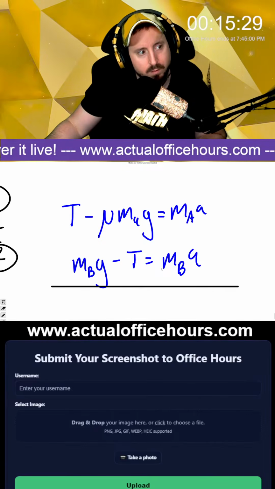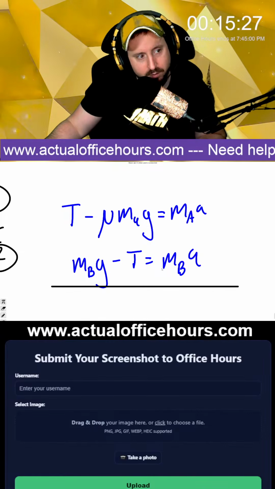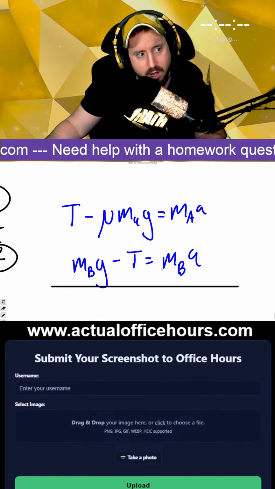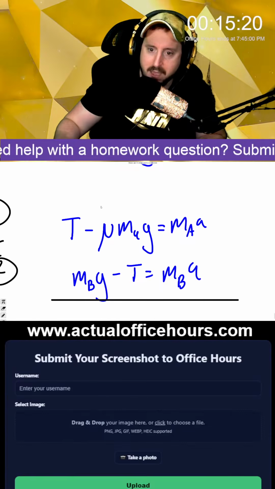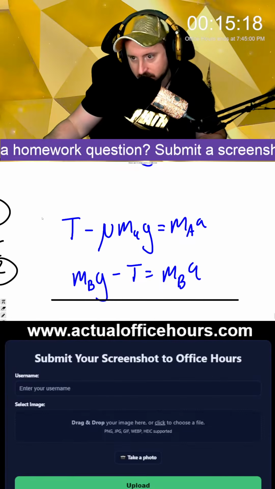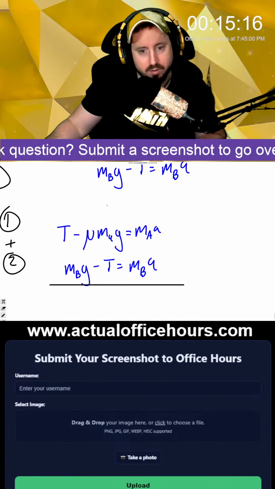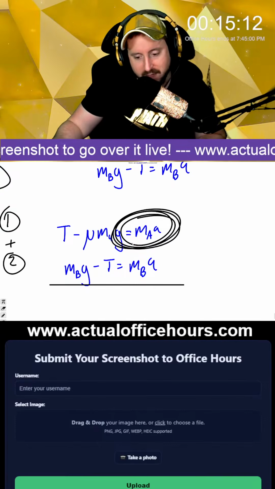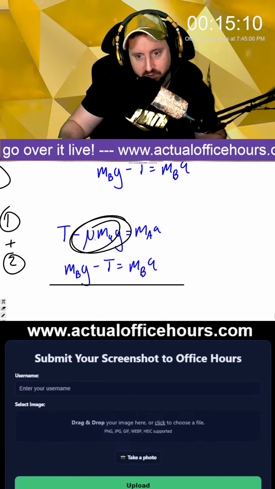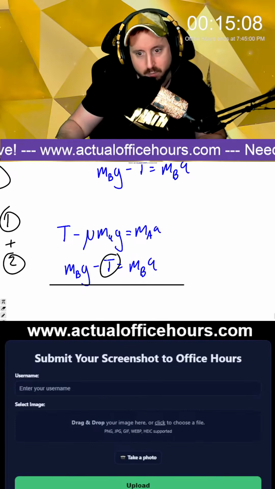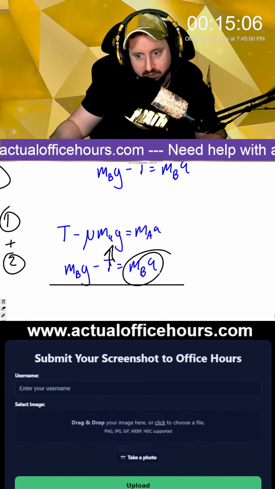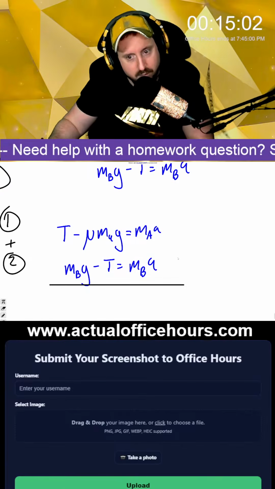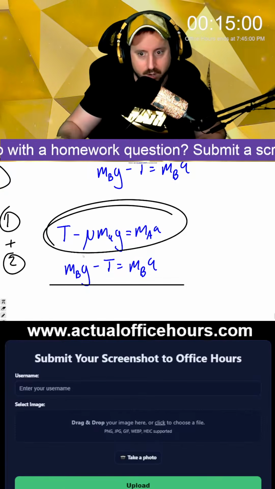Does that make sense? But wouldn't block A, it does. And that happens through the tension, right? Because the tension in the rope is equal to the mass times acceleration of block A plus the friction. And the more tension there is, the less acceleration there is. So this is the block on the top.